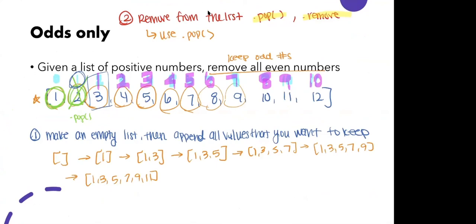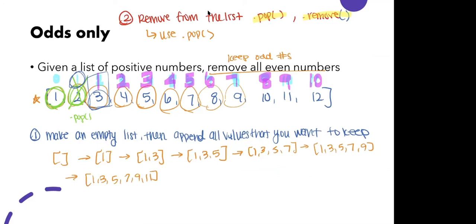If you're using .remove, you will be looking at the actual values in the list. So you have a little bit less of a risk, but if you're not careful, you will run into the same issue where you can accidentally skip a number because you removed it and everything shifted over and you did not account for it.